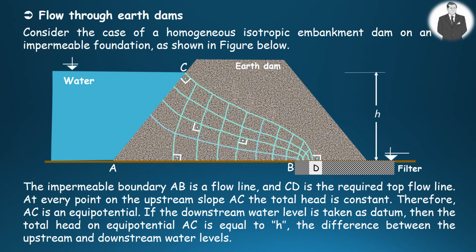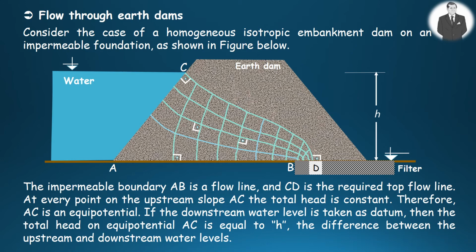Now, take into consideration the case of a homogeneous isotropic embankment dam built on an impermeable foundation as shown in the figure. The impermeable boundary AB is a flow line and CD is the required top flow line.